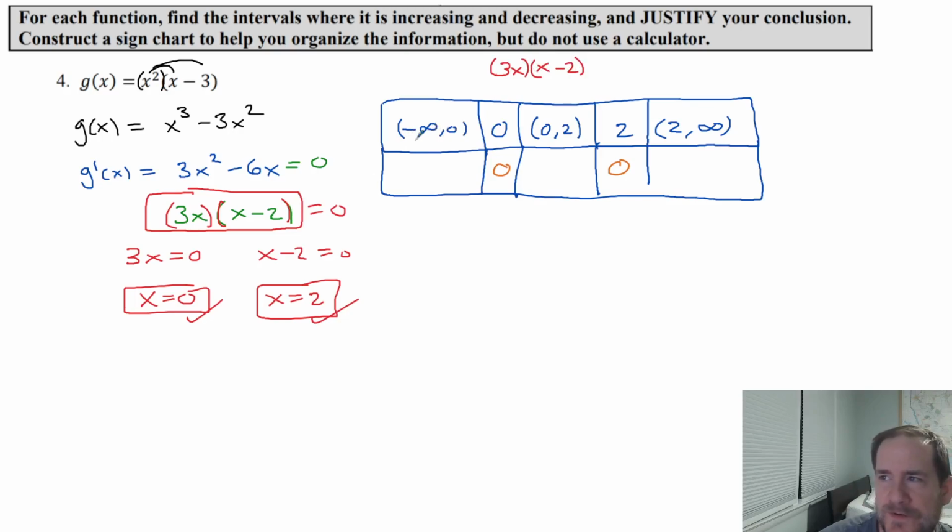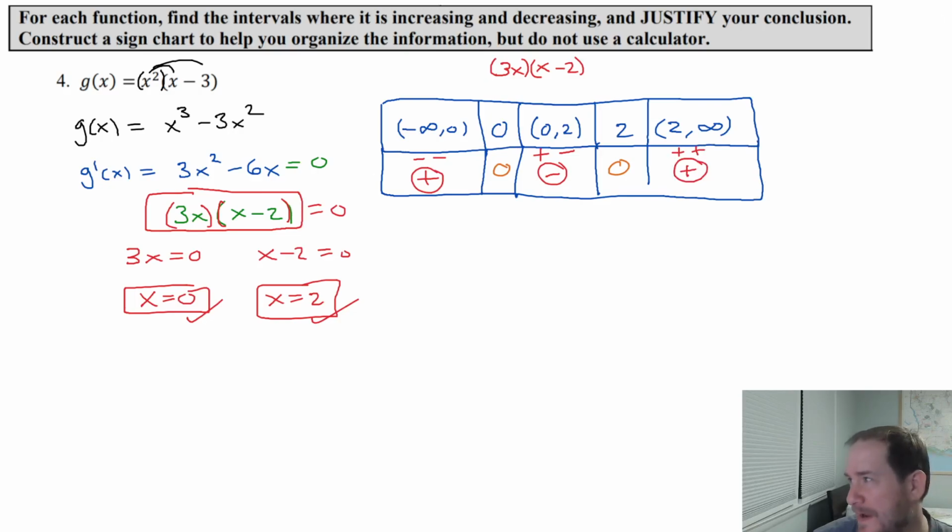So I can see that for a very large negative, I'll be getting something negative times something negative, which gives me a positive. And for something between 0 and 2, the 3x will be positive. But something less than 2 take away 2 will be a negative. And a positive times a negative will be negative. And then for something bigger than 2, I'll get a positive and a positive, which gives me a positive.